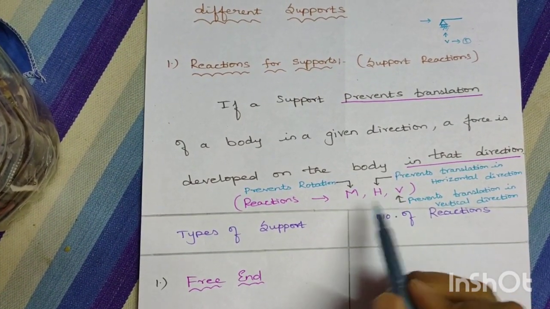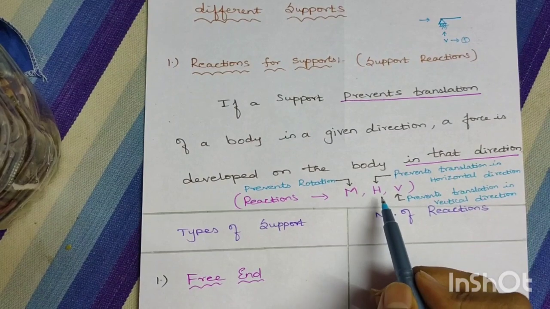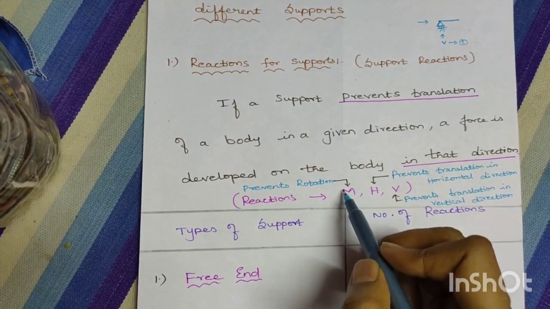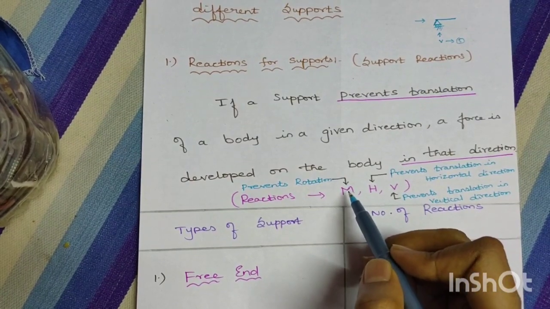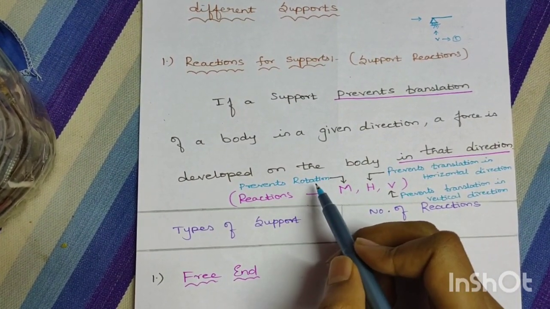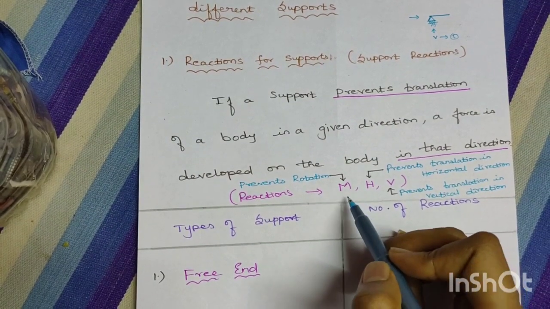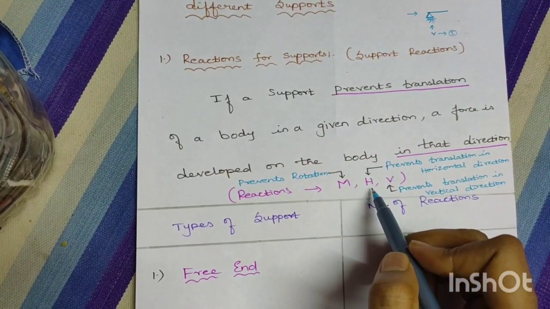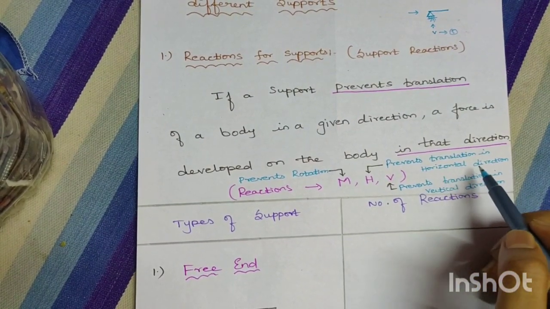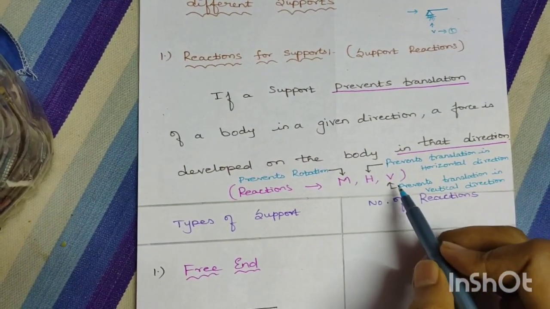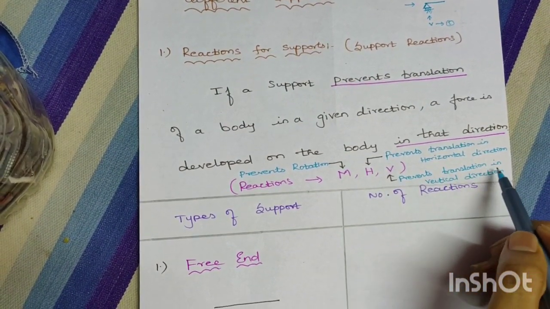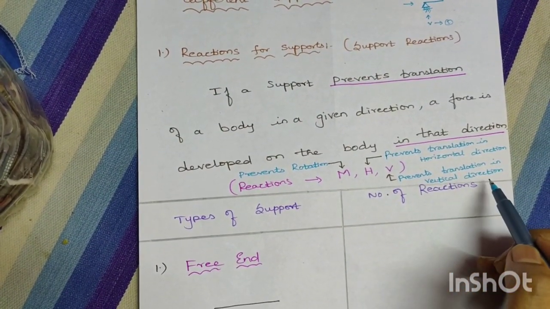Moment will come if a support is able to prevent rotation. Horizontal reaction will come if it can prevent the translation in the horizontal direction, and the vertical reaction will come where it can prevent the translation in the vertical direction.